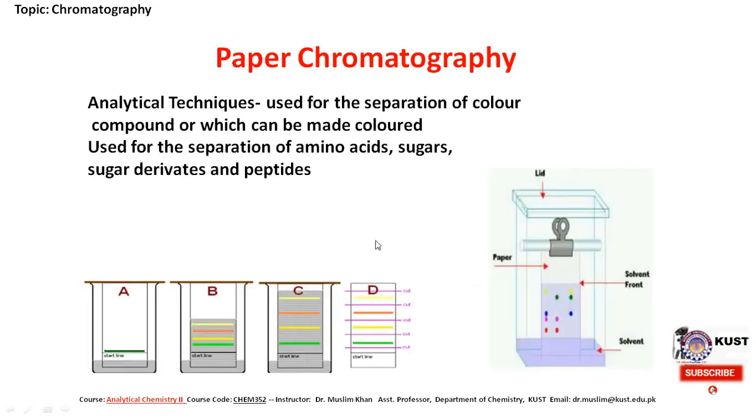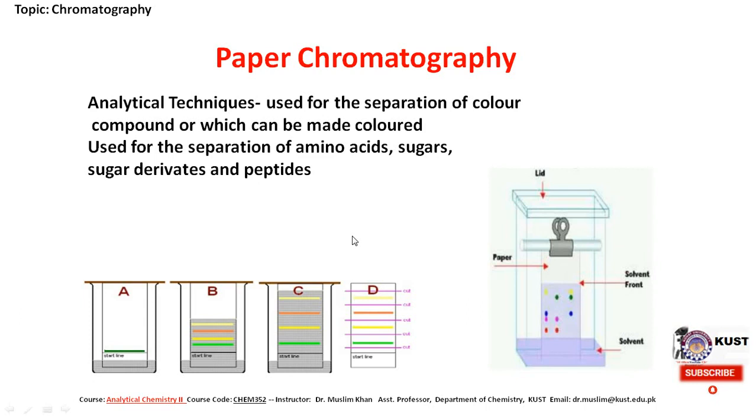So what is the significance of paper chromatography? Paper chromatography is a very simple, very easy and rapid technique. Initially it was a highly efficient technique, but nowadays more sophisticated techniques are available in the market.